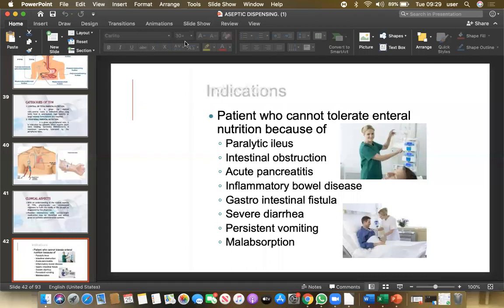In these conditions, the patient can't take food or nutrition through oral routes, so he has to switch over to parenteral nutrition.